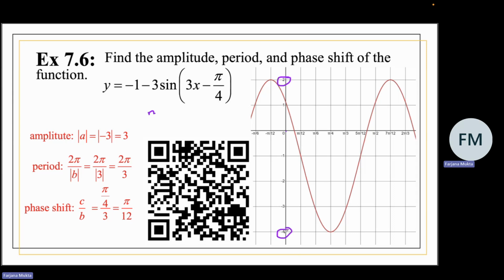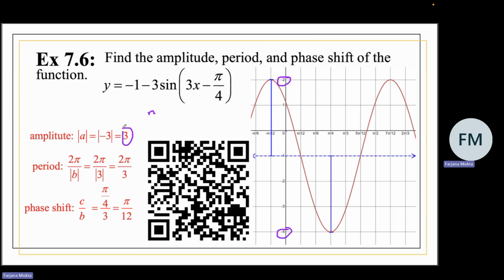If you subtract -4 from 2, we get +6. And if you divide +6 by 2, we get 3, right? That's our amplitude.